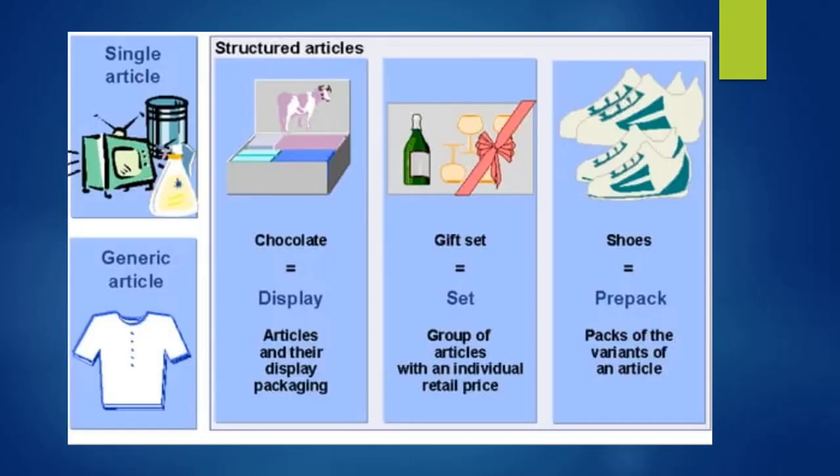This image demonstrates how each article functions. A single article is a single entity, just like a watch or a ring, whereas for a generic article, for example, if there is a t-shirt from the Nike company, the Nike company t-shirt won't be sold, whereas a Nike company t-shirt with half sleeve of size L and color blue will be sold.